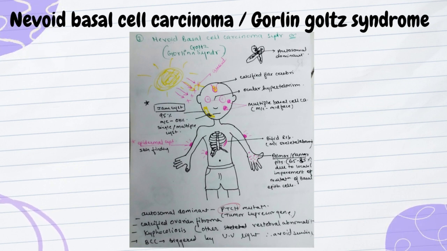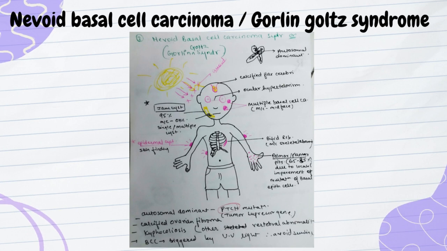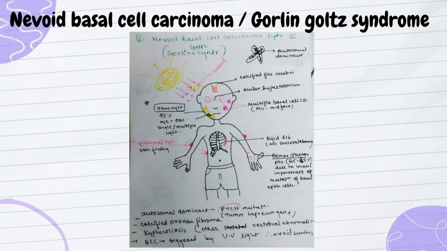He is also having, and in females you can appreciate, calcified ovarian fibroma and kyphoscoliosis, which are other skeletal abnormalities. And basal cell carcinoma is very important, which is triggered by UV light, so therefore avoid sunlight.